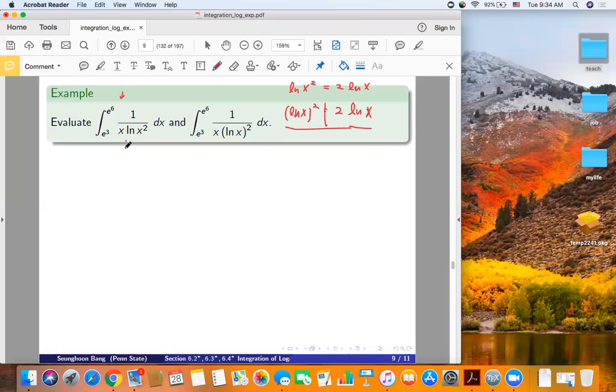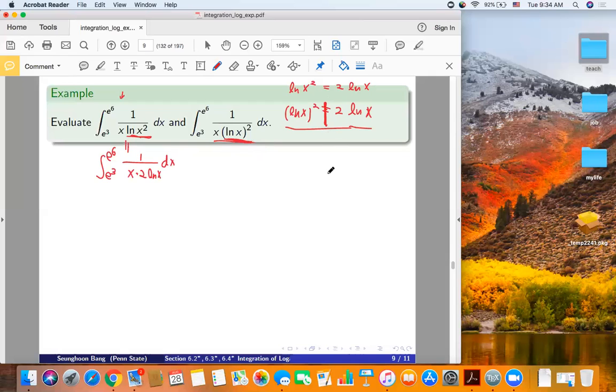Here, this first one, you can change it. This is possible: from e cube to e to the 6, 1 over x times ln x squared is 2 times ln x. You can change it like this, but here, no, don't change.